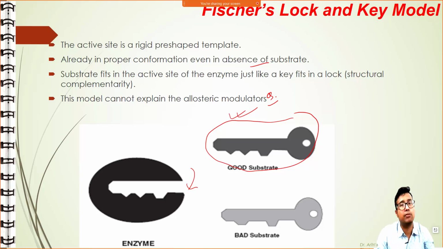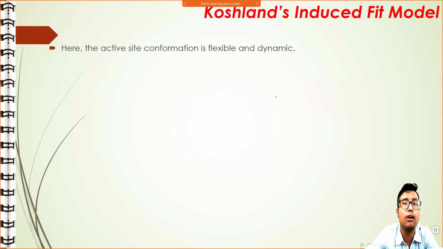Fisher's lock and key model is fine, it can explain many mechanisms of enzyme catalysis, covalent catalysis, metal ion catalysis, but it cannot explain allosteric. So the examiner will ask you the exception to Fisher's lock and key model. The moment he asks, you must tell, sir, allosteric modulator. Allosteric enzymes cannot be explained by Fisher's lock and key model, and then we need Koshland's induced fit model.